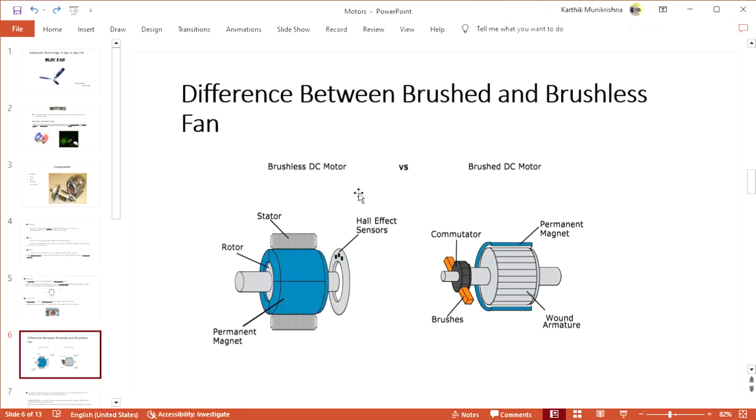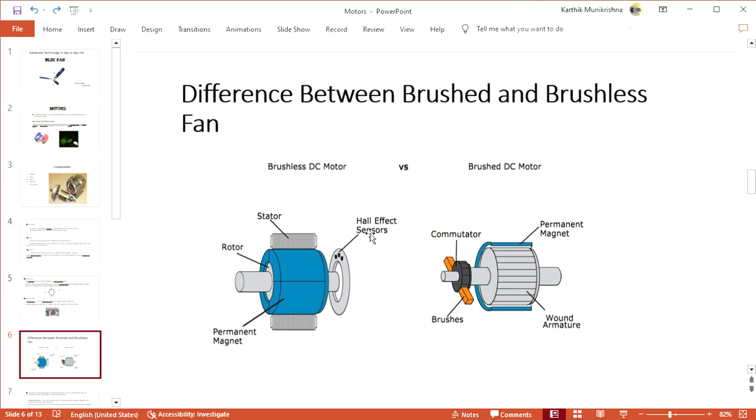So let me explain what the difference is between brushed and brushless motors. This is the main concept we are using here. Brushless DC motor and brushed DC motor. What is the difference between the two, guys? As I explained in the motor concept, here also we have a rotor and stator, a permanent magnetic field and a Hall effect sensor.